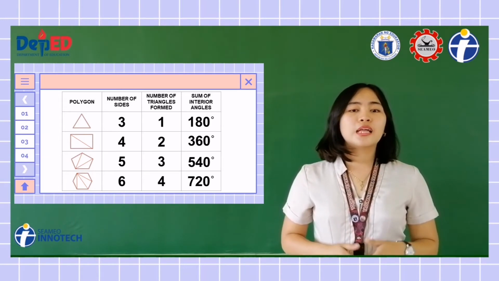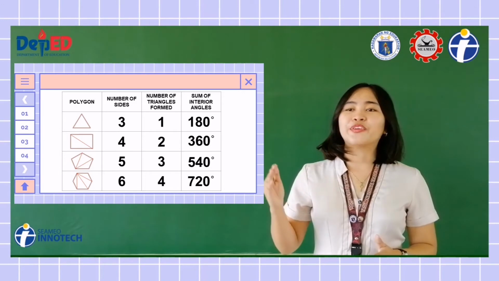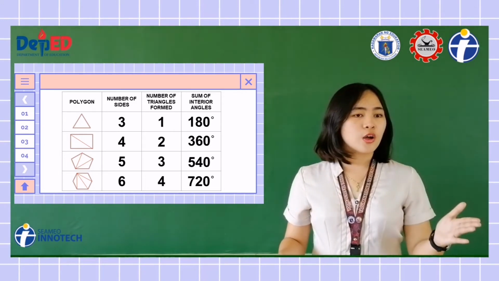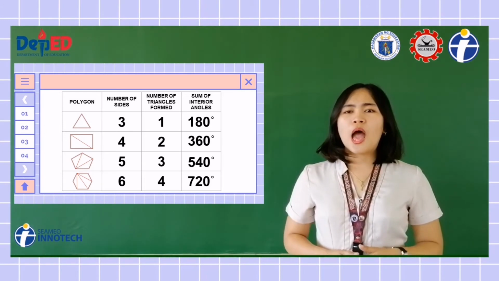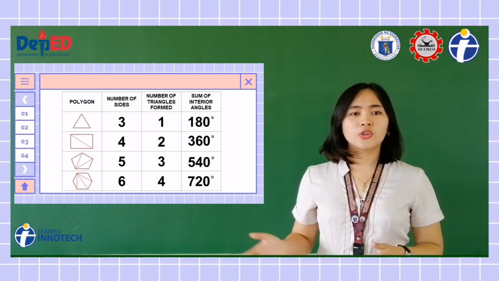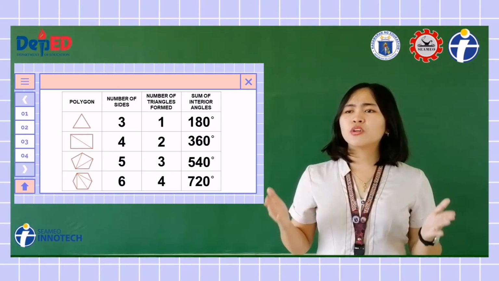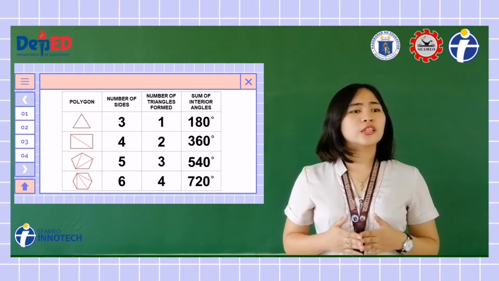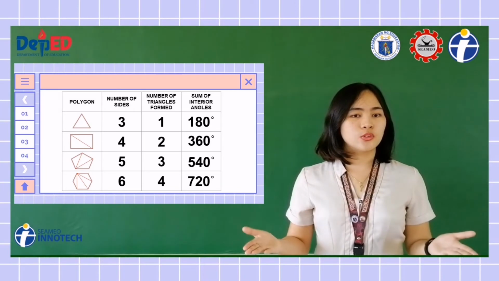That's right. Now, can you identify the number of sides? Yes. How about the number of triangles in a polygon? Of course you do. How about if the polygon is an n-gon, or you don't know the number of sides, or it is impossible for you to draw the diagonals in order to make triangles? How are you going to do that?